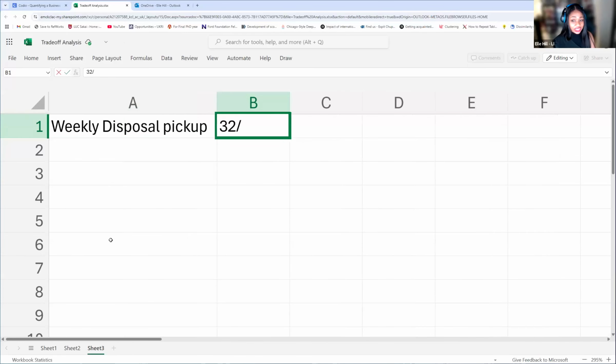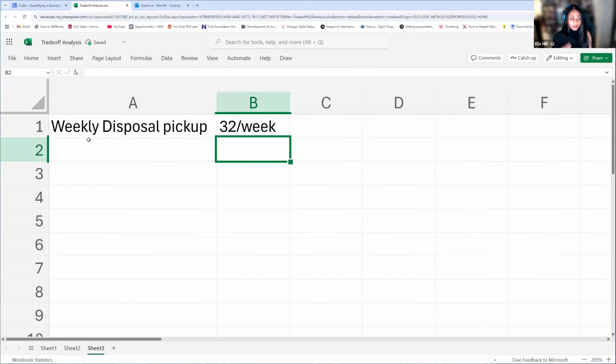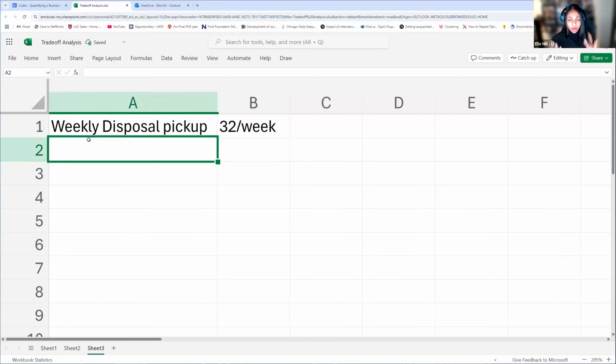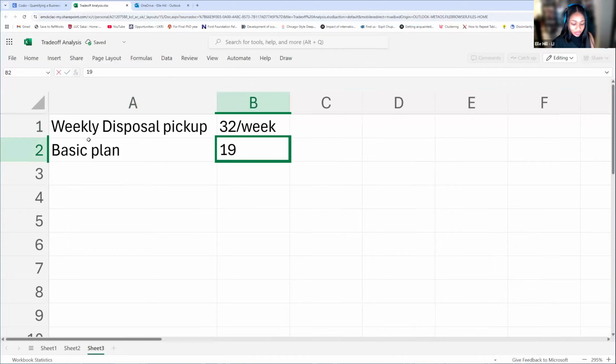This per week is important. If we implement our cardboard perforator, we no longer have to pay to recycle all of this cardboard. We can drop down to a less expensive subscription. So the basic plan is going to be $19 bi-weekly.